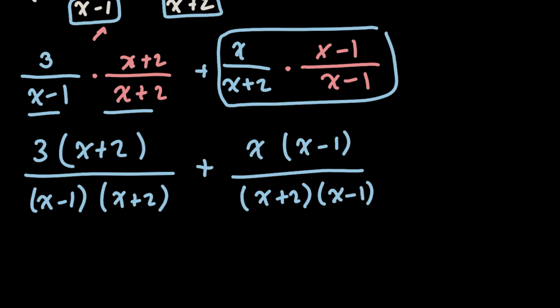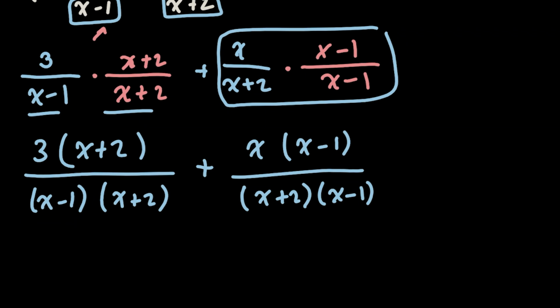As you can notice here, this is x minus 1, this is x minus 1, this is x plus 2, and this is x plus 2. So the denominators are common, so we can sum the two fractions.